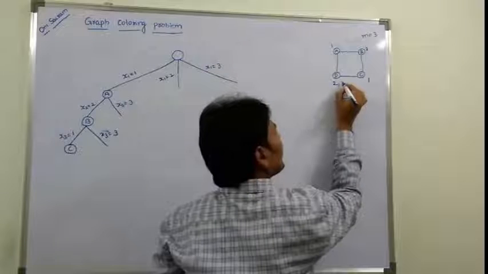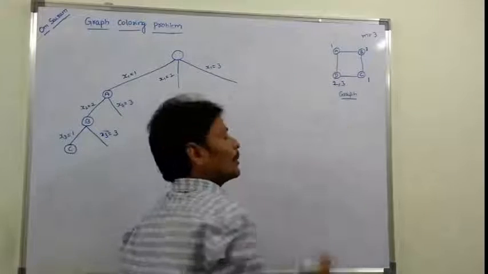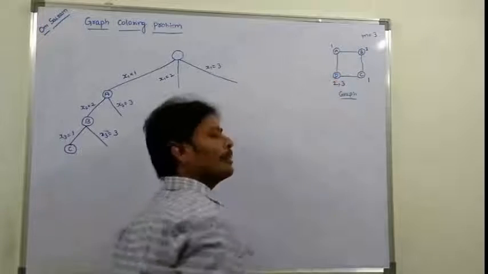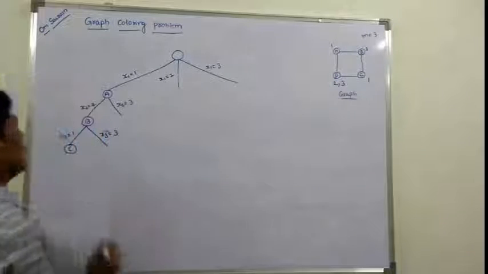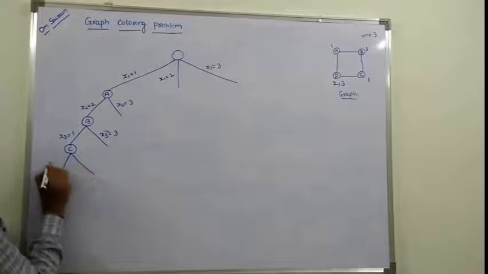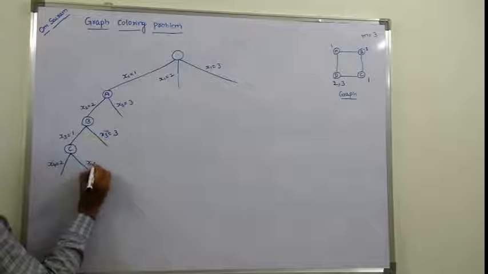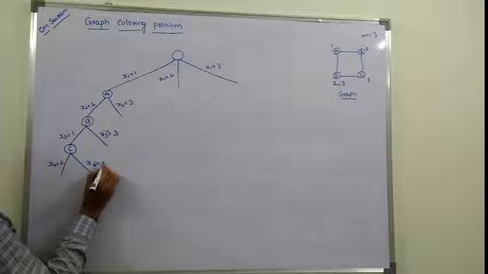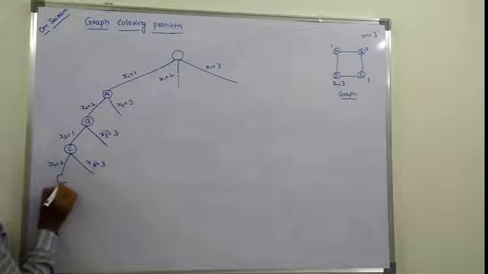Next, the remaining color is the third color. So either the second color or the third color may be used for vertex D.